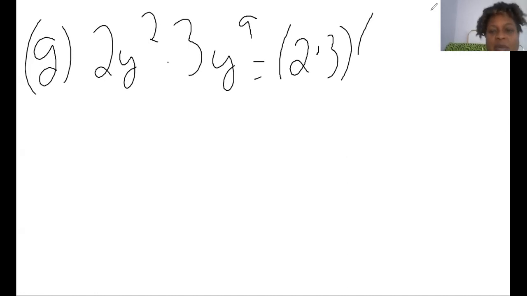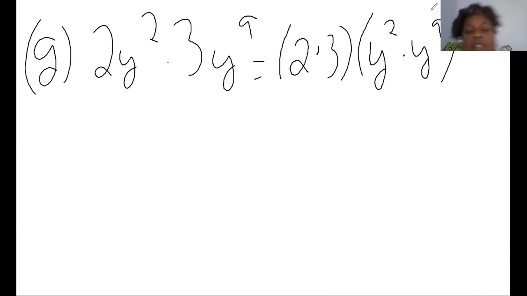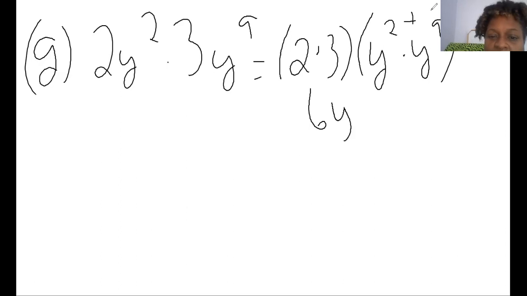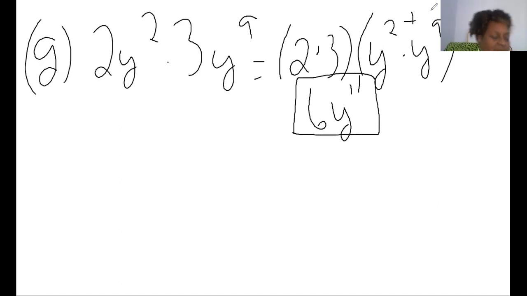Then I will assemble my variables: y to the second times y to the ninth. 2 times 3 will give me 6. Applying the product rule, y to the second times y to the ninth, I will add my exponents, and that will give me y to the 2 plus 9, 11. Final answer, 6y to the 11th.